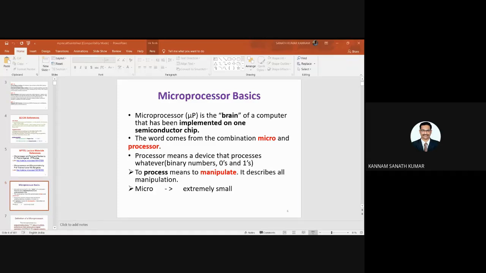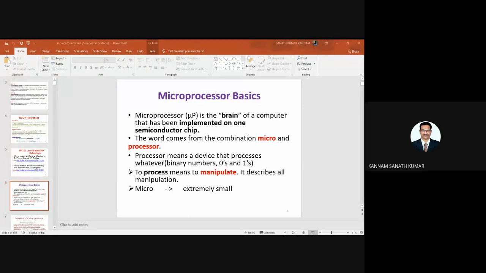And as you know, Pentium came into the picture around 1993, Pentium Pro 1995, Pentium MMX 1997, and next Pentium 2 in 1997, Pentium 2 Celeron 1998, Pentium 2 Xeon 1998, Pentium 3 1999, Pentium 3 Xeon 1999, Pentium 4 2000, and Pentium 4 Xeon 2001.